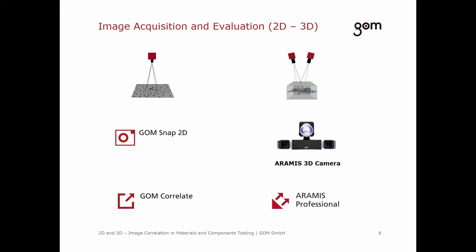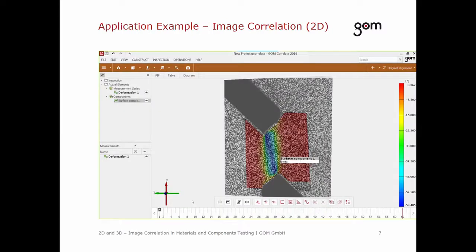With 3D systems, of course, a sensor setup using a stereo camera setup is required. Lighting is another issue that needs to be discussed, but we can offer you different configurations for different applications in terms of hardware as well as software. Here, basically, the Aramis Professional software is then used. Leading over to the technical part, I will hand over to Julia now.